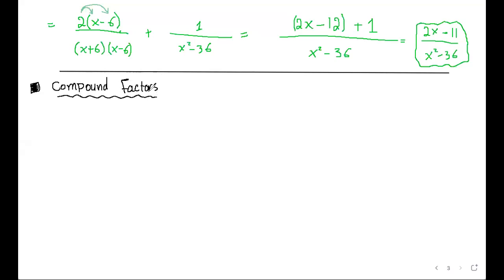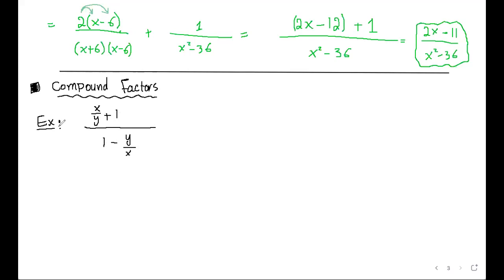If I have, for example, a fraction where both the numerator and denominator are fractions, we need to compound all of these into one fraction. For example, if I have something like that, a fraction, and here I have the fraction x over y plus 1, and here I have 1 minus y over x.